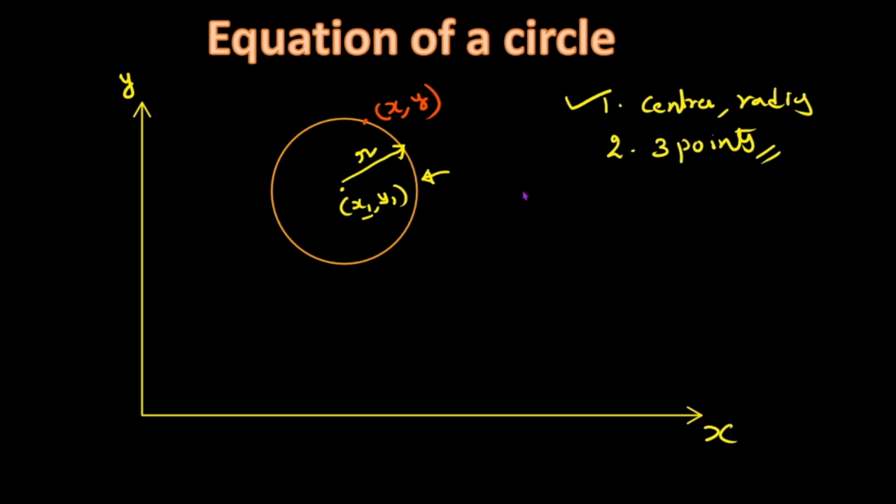So let's find the distance between the 2 points. Let's say this point is A and this point is P. The distance AP here is the radius, R. So AP is equal to R. How do you find the distance between the 2 points?